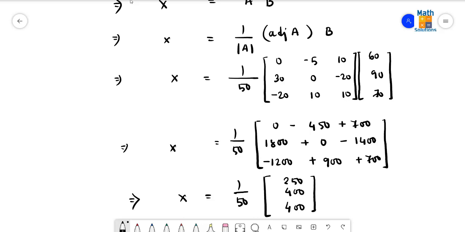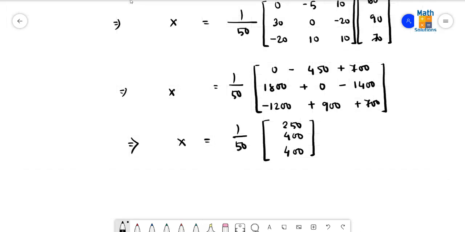So after scalar multiplication, the result comes as XYZ. Here I get 1 by 50. Actually I'm going to perform scalar multiplication directly, and the values can be written inside the matrix in this way: 5, 8, 8.